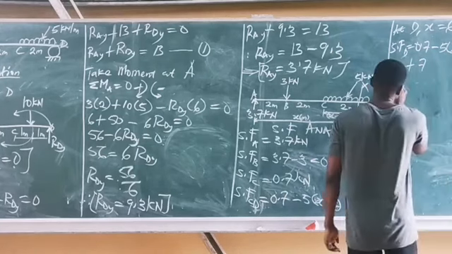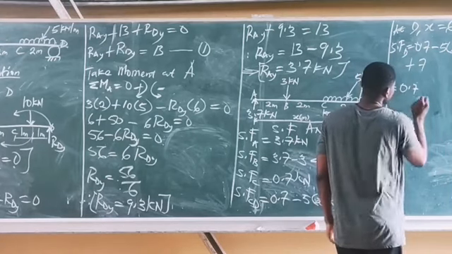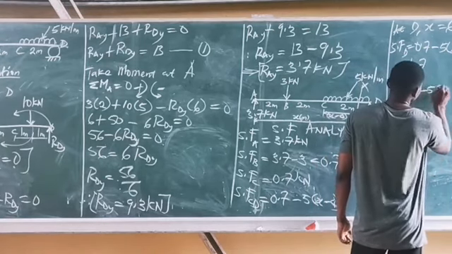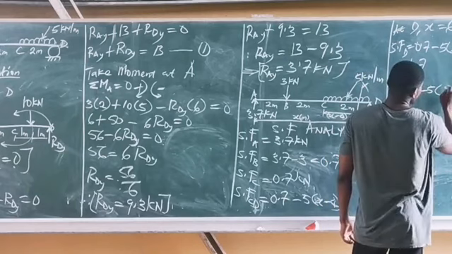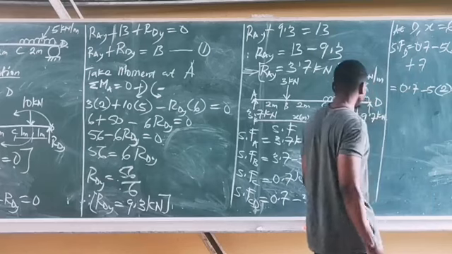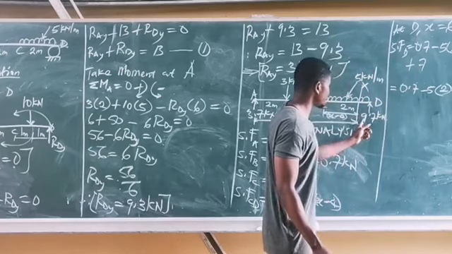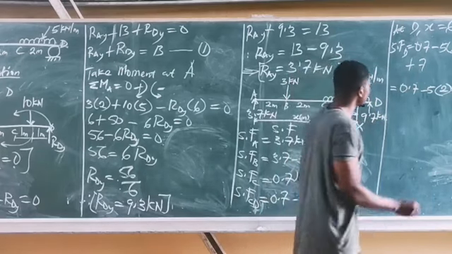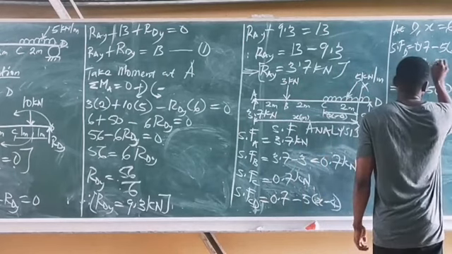Alright? So this is equal to 0.7 minus 5 into 6 minus 4 is 2, plus 7. Sorry, 9.7 please. 9.7 kilonewtons. Mistake, 9.7 kilonewtons.